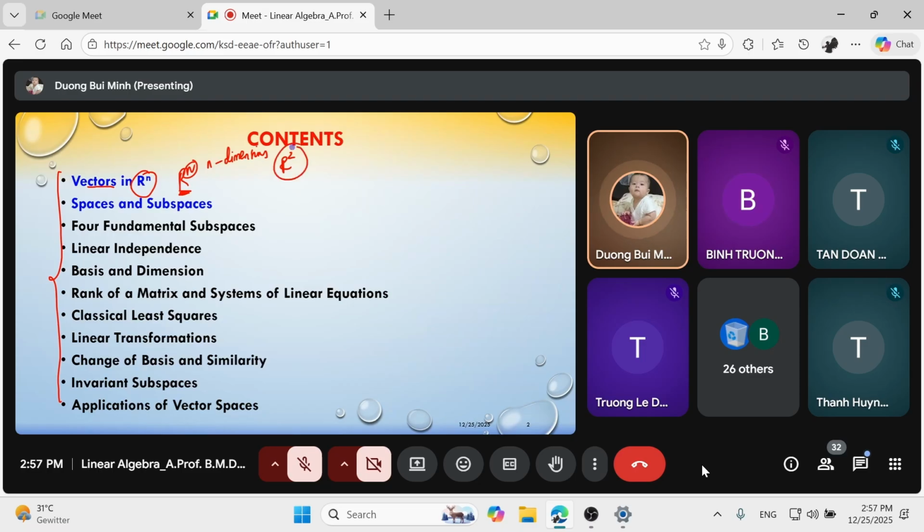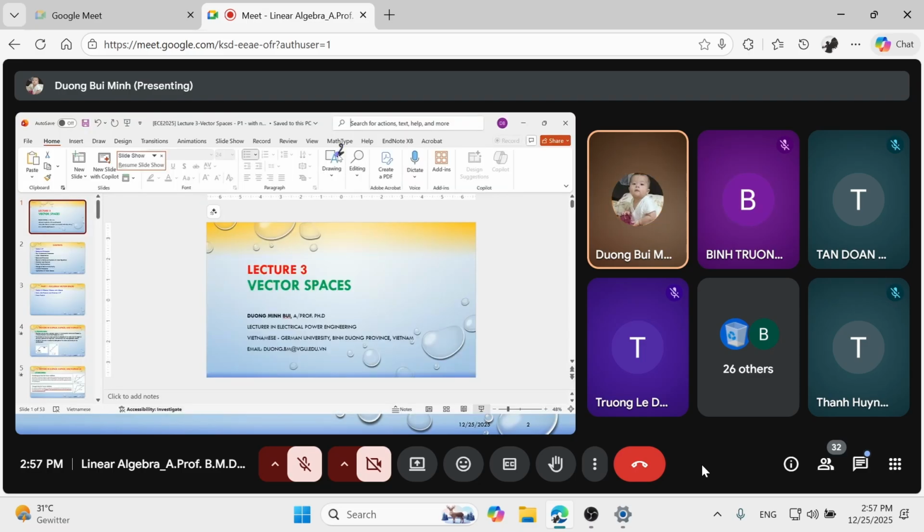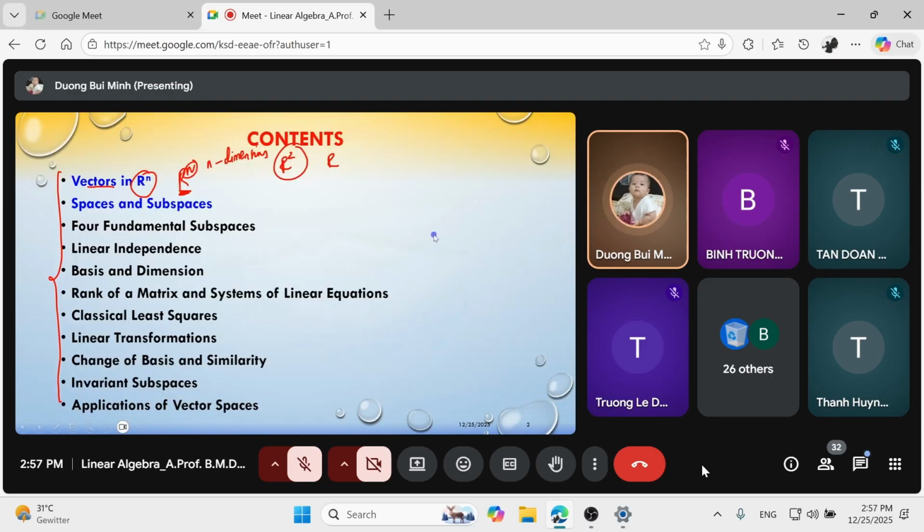We have R2, 2 dimensions, R3, 3 dimensions, and so on. So when we mention R2, we imply the xy coordinate; R3 means the xyz coordinate.